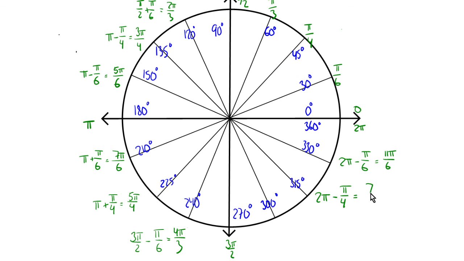That's going to be 7 pi over 4. And then finally 300 degrees. We can take the 3 pi over 2 and add pi over 6 to that. So it's going to be 10 pi over 6, which can be reduced to 5 pi over 3.